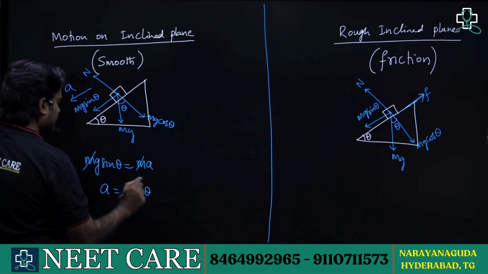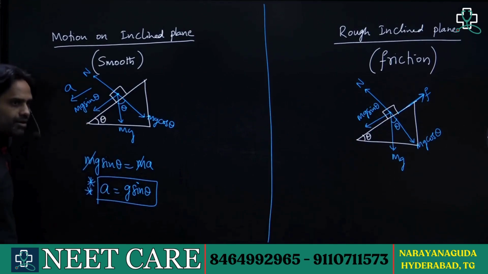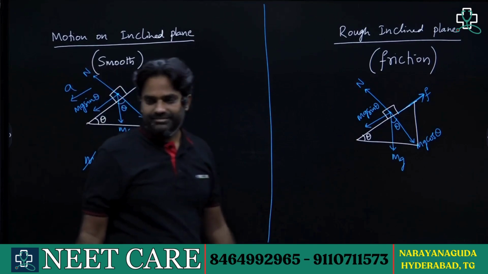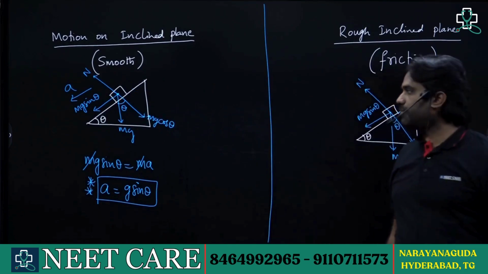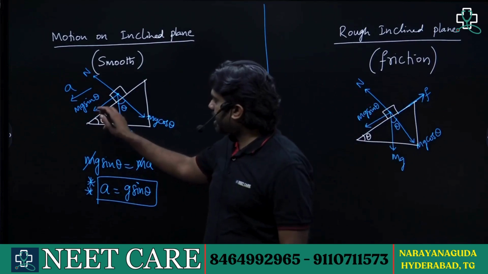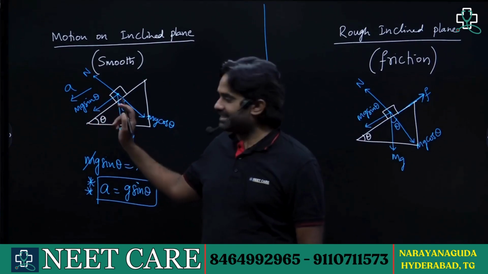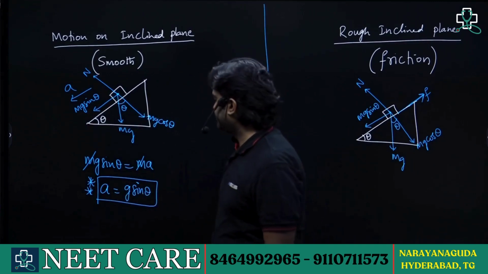So when a body is kept on a smooth inclined plane, motion is inevitable because mg sin theta will not get balanced. Along the plane, there is no other force to balance mg sin theta. Understood? Therefore, a can be written as g sin theta.